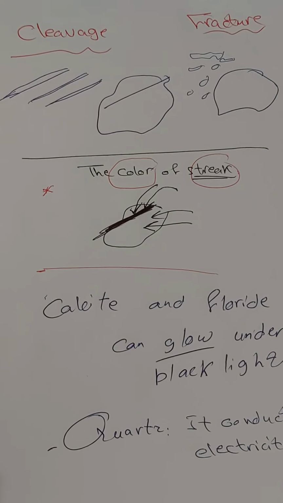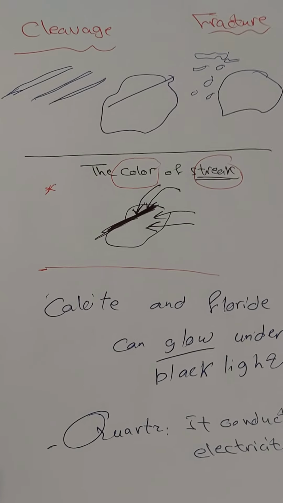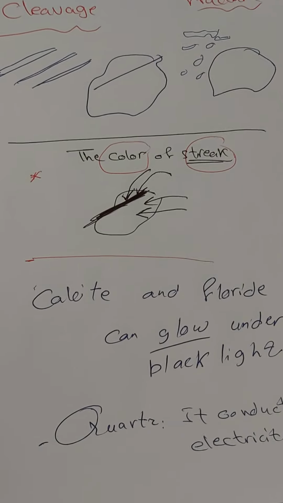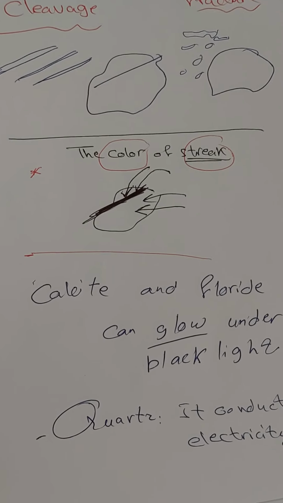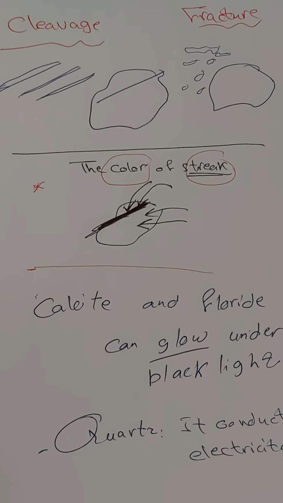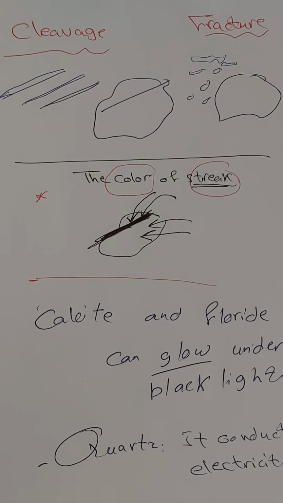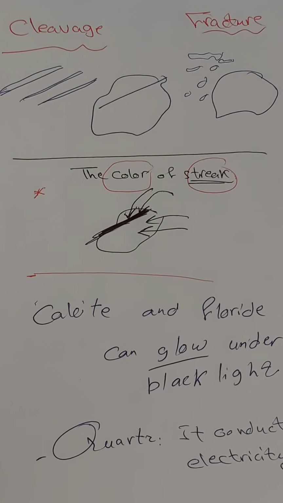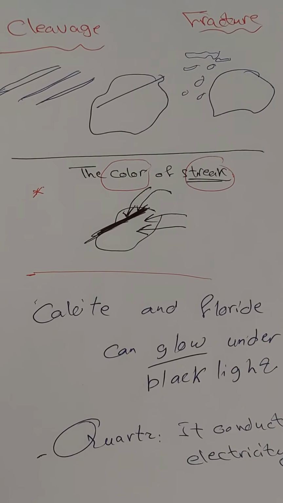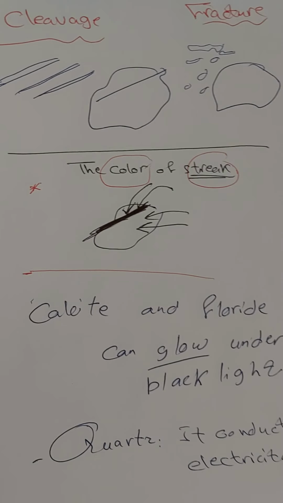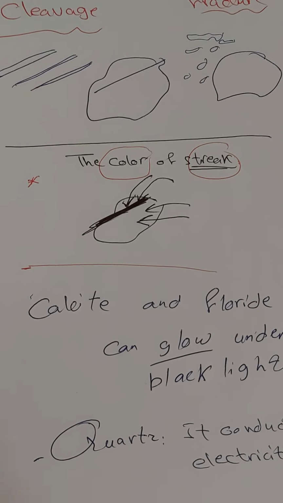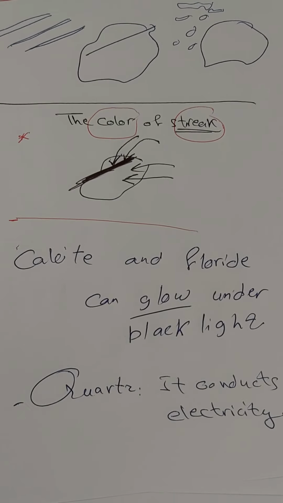Then luster means the brightness of the mineral, and we have three different lusters: metallic like gold, earthy like talc and gypsum, and glassy like quartz. Then the streak: if smooth and straight, we call it cleavage; not smooth and not straight, fracture. And the color of the streak can give details about the mineral. Sometimes minerals have different streak colors because the refracted light will be different.